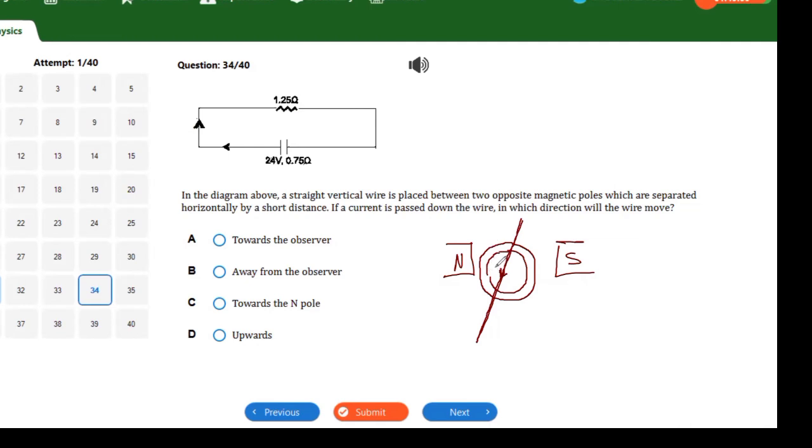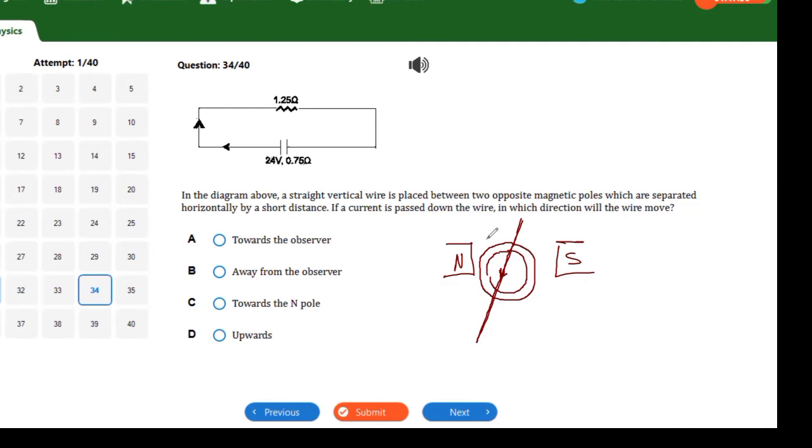So according to the right-hand grip rule, it states that if a straight wire is gripped with the right hand, so that the thumb points in the direction of the current, then the direction in which the rest of the fingers curl indicates the direction of the magnetic field.